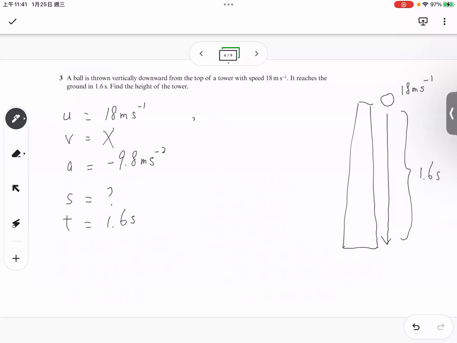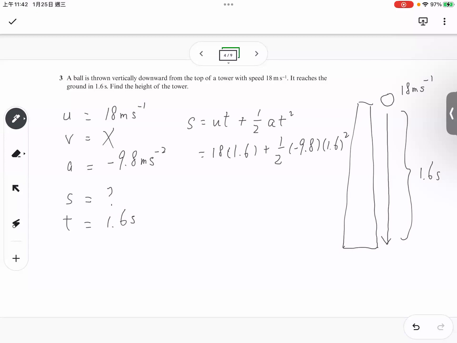Once again, we have S is equal to UT plus half AT squared. And then we can write that now. For U, that is 18 times 1.6 plus half times negative 9.8 times 1.6 squared. So let us do that together.